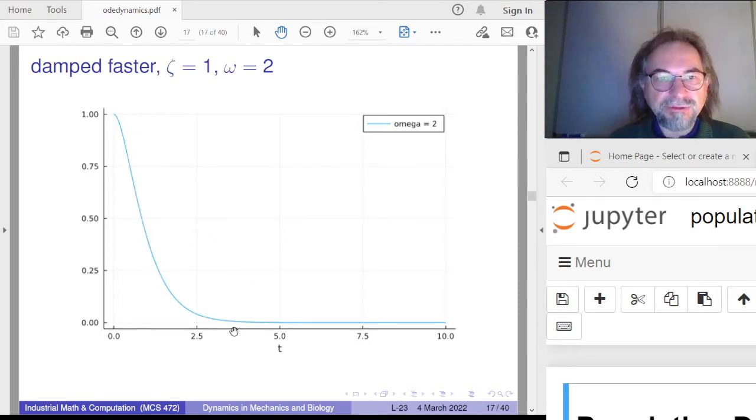And that's also if you want to have it in the opposite way. If you want to go faster, so if this is 10 seconds, you don't really like it. You like it that it's closer to 2 seconds. Then here you see that by increasing the value of omega, you get a faster damping.